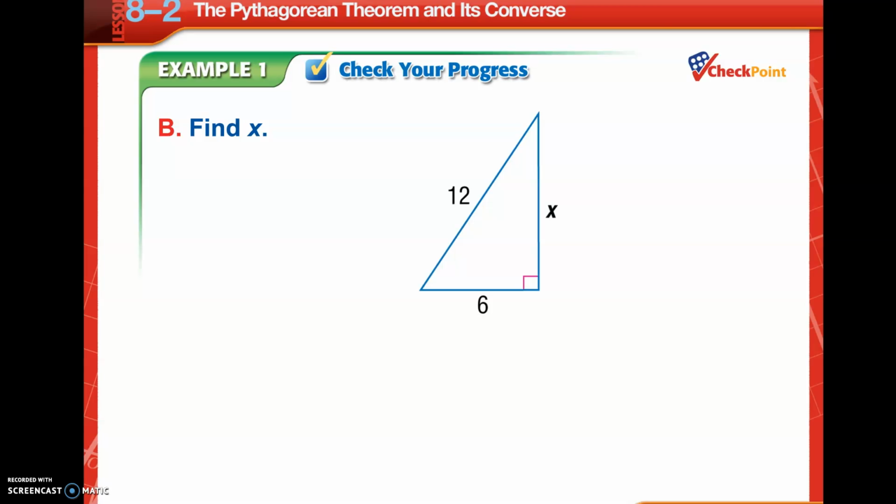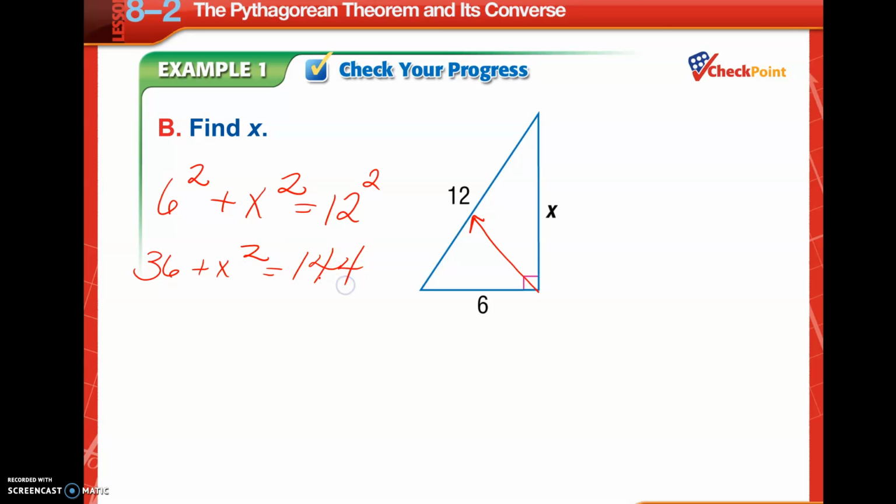So try this one. Pause the video, try it, and see what you get, and then we'll go through it. My legs here are 6, so 6 squared and x squared equals the hypotenuse squared. The hypotenuse is straight across from the right angle. So 36 plus x squared equals 144.